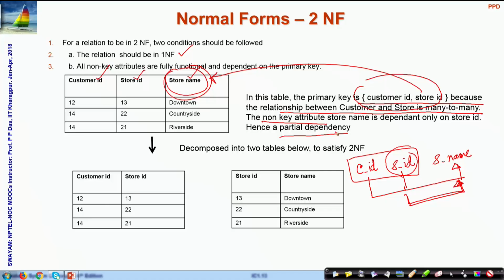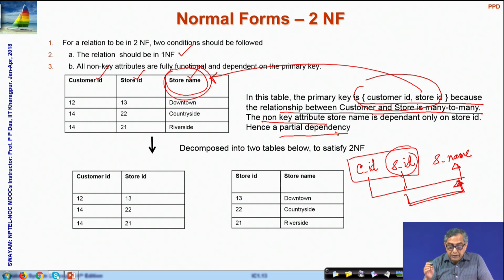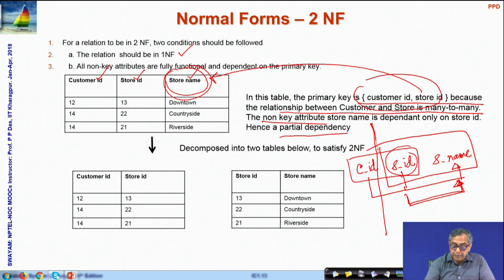So, we can decompose it to get second normal form. We have to decompose it in a way so that this partial dependency goes away. Which means that SID and store name have to come together, and I have to divide things somewhere between the customer ID and SID to separate out this partial dependency.